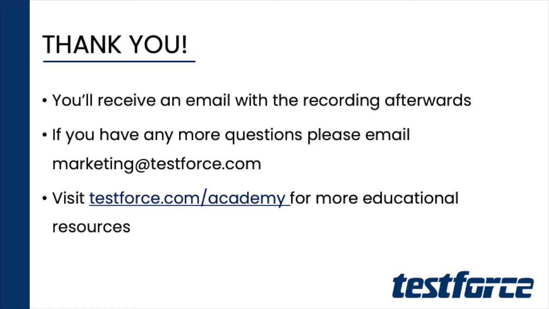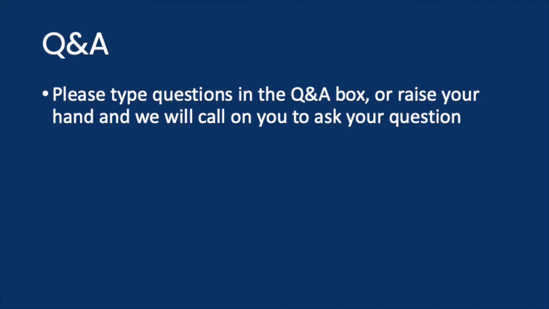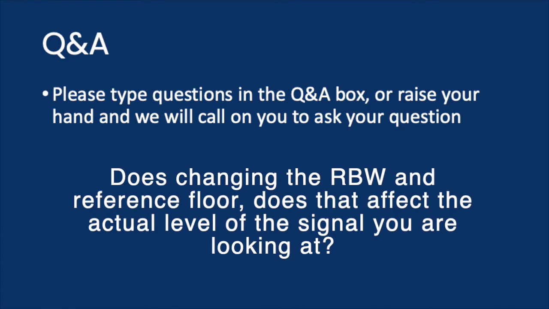Okay. Oh, we've got one more question actually that just came through. Does changing the RBW and reference level affect the actual level of the signal you are looking at? It doesn't affect the level of the signal. So the signal is what it is.